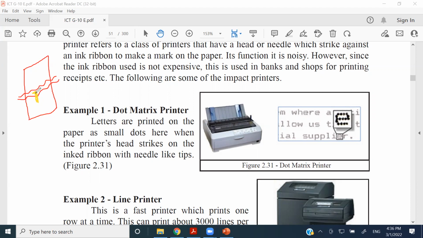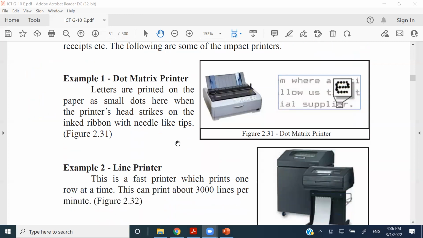This pointy thing is hitting on the ribbon, right? Like a typewriter arm. It's like you are putting dots from a pen on your page, right? So it creates a particular character when it is given the particular design. That is what we call dot matrix printers. Due to the impact, we are getting a very big noise.